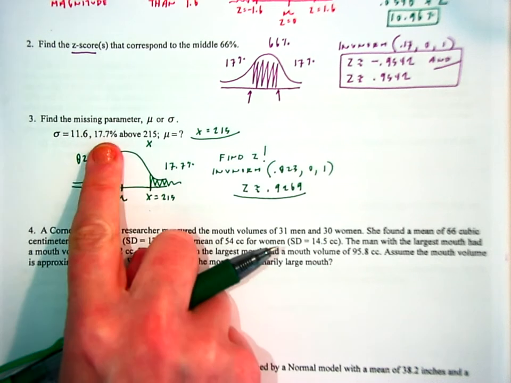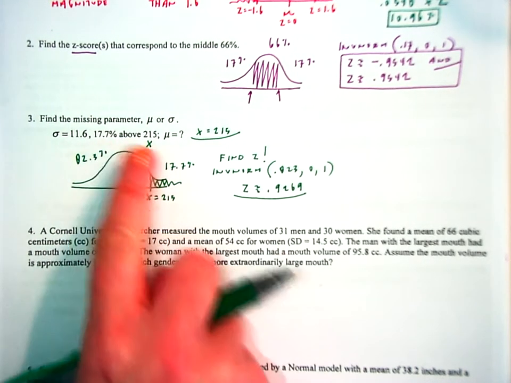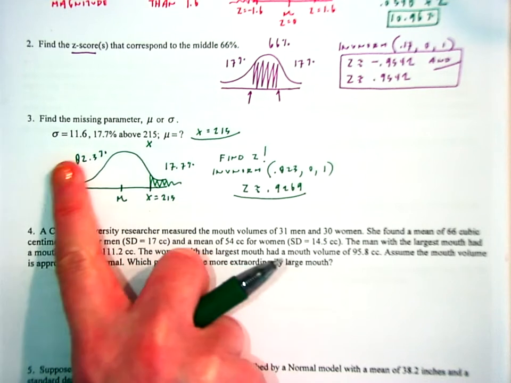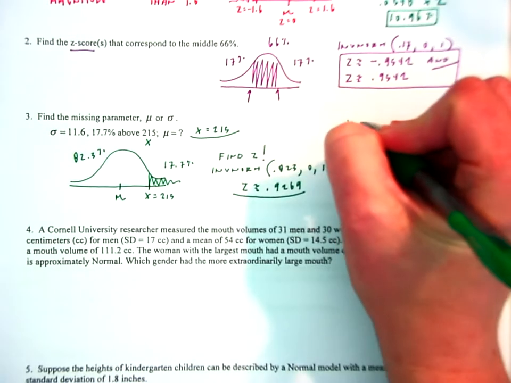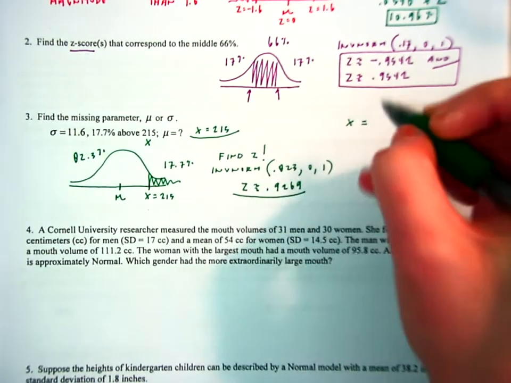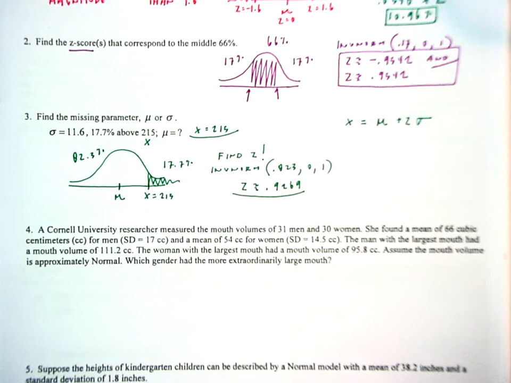Okay, so I essentially had everything that I needed except for the z-score. So I had to build off that area that's given, right? Gave it to me as a percent, right? So I found the proportion that's above. I needed to make it the below and make it a decimal. Okay, so now I can go to my z-score formula or my observation formula. My preference is using the observation formula. So x equals the mean plus the z-score times the standard deviation.